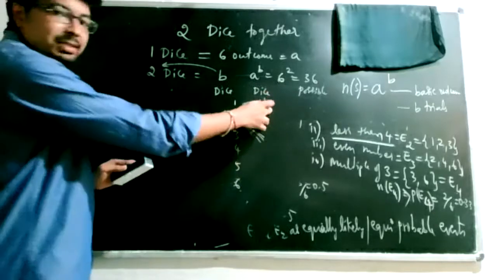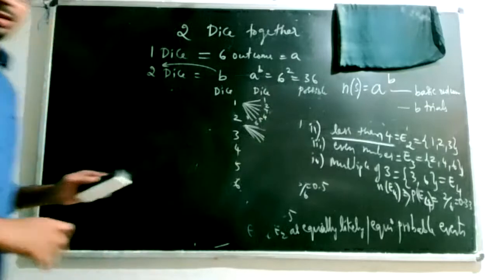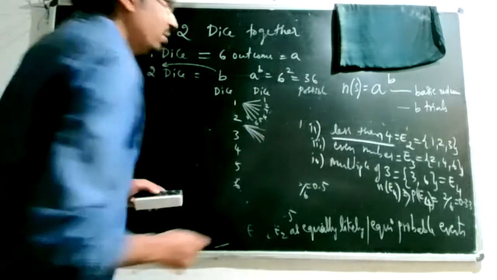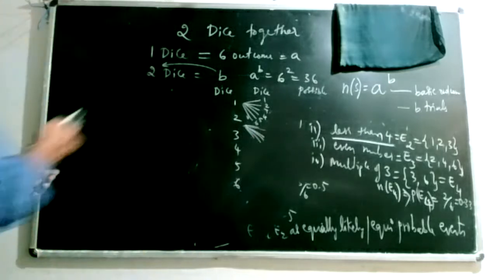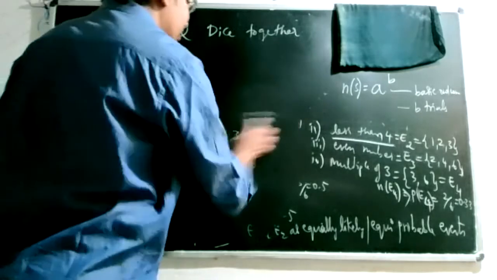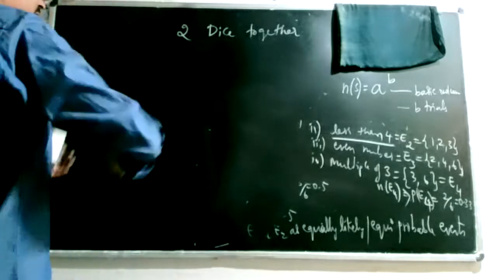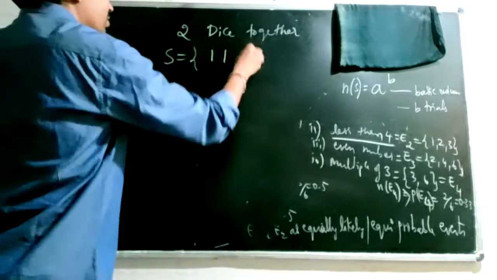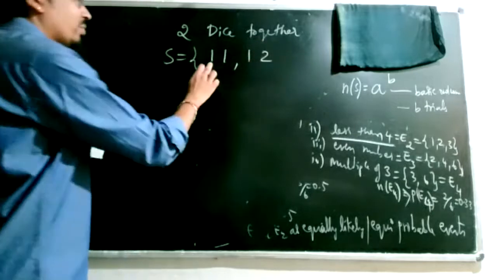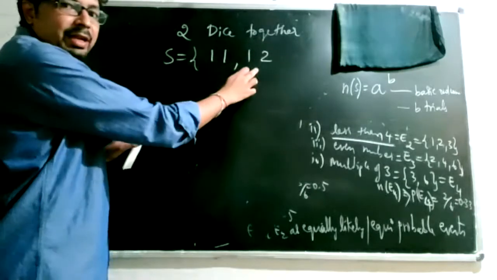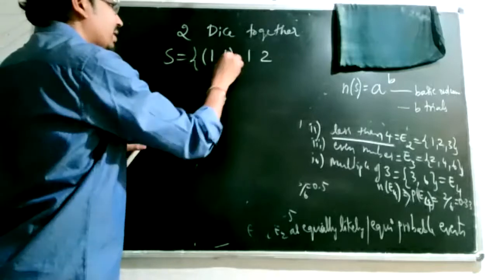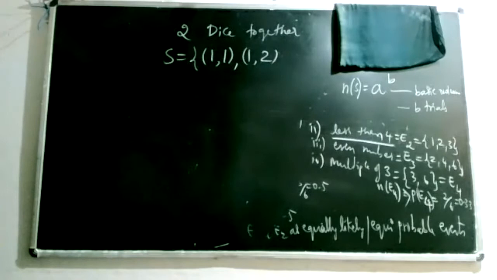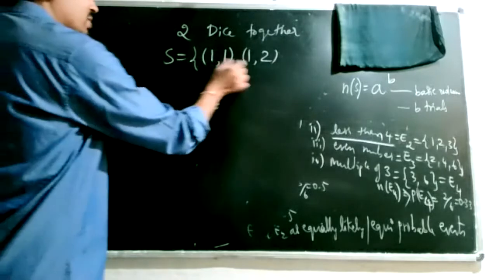So 6 cases into each of 6 cases gets you 36 possibilities, and we can use the same notation like H comma H to indicate the dice. So 1 1, 1 2 could often be misleading as 11 and 12. So just to be mathematically correct, we enclose them within curly braces with commas.